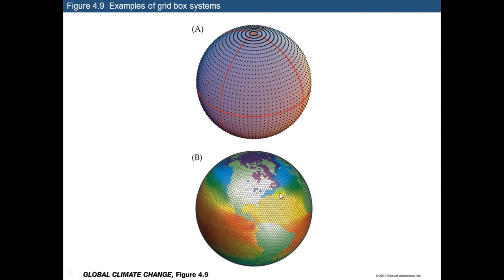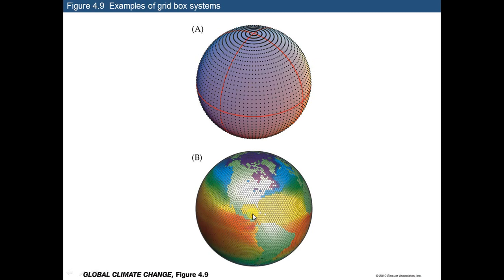And B actually overlays the continents and now an actual variable, temperature. The colors represent temperature, as you might surmise. The oranges and reds represent hotter temperatures over the tropics, and then as you go further north into the mid-latitudes and the poles, you start to get into the greens, followed by the blues and then the purples, colder temperatures. Notice that each grid box has one temperature, one color.